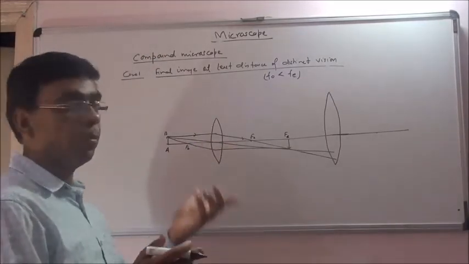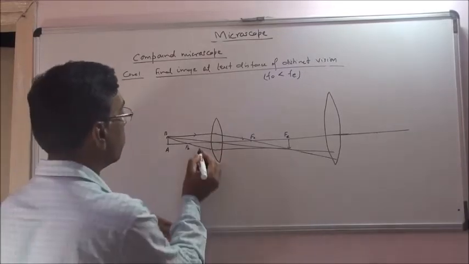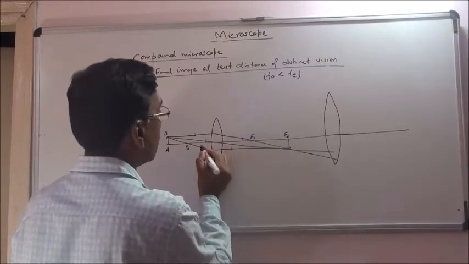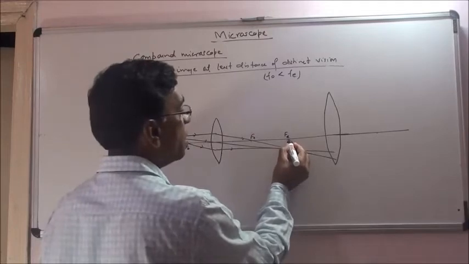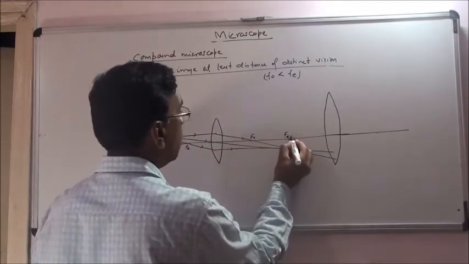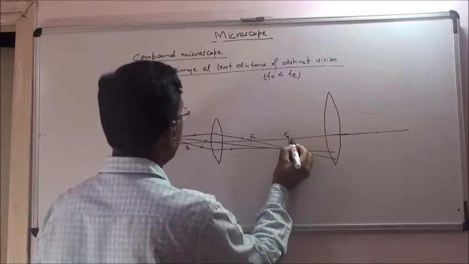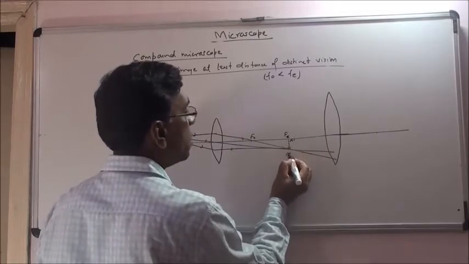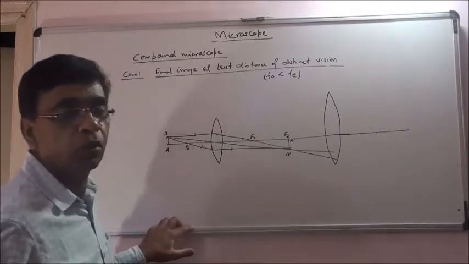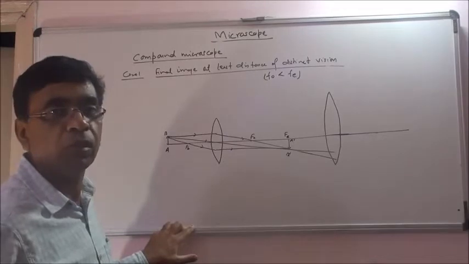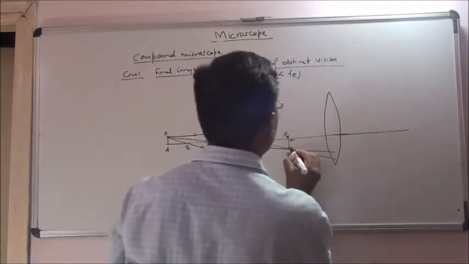The distances should be accurate, otherwise you will not get the proper ray diagram. Okay. Now this is image formed by the first lens, which is A dash B dash. This is at the focus of this lens. So what happens whenever the object is at focus? The image is formed at infinity.